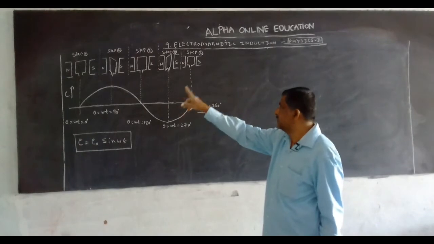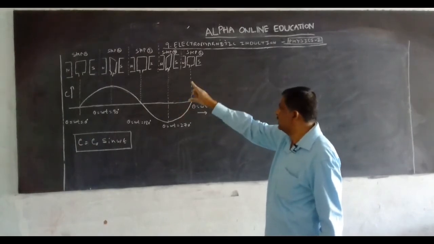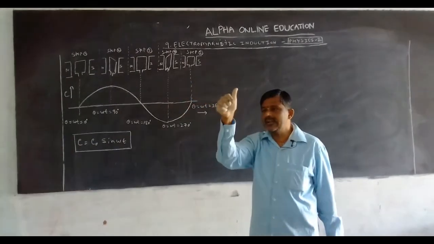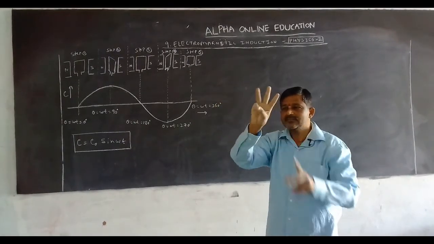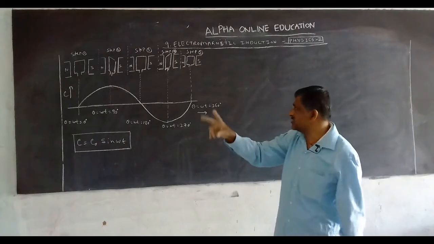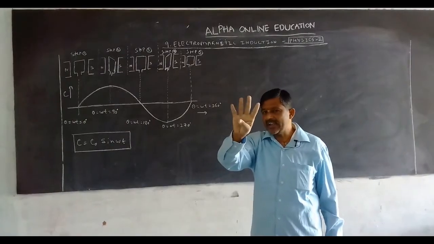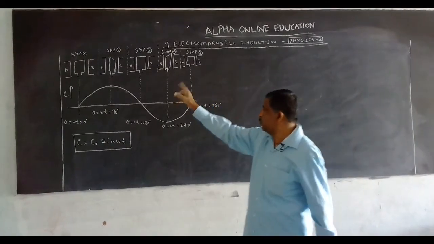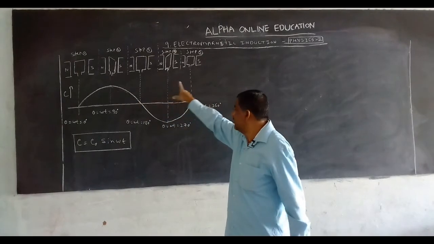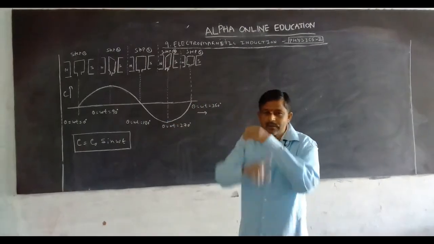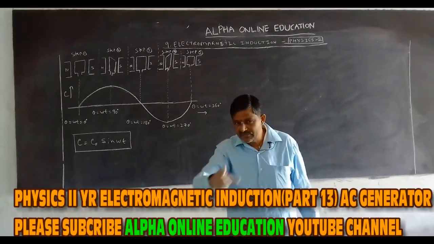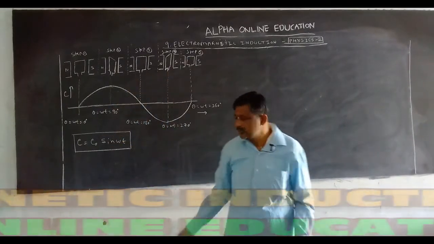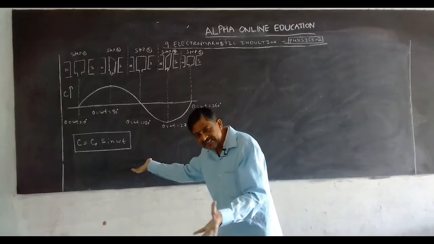Steps 1, 3 and 5 have the same diagram. Diagrams 2 and 4 are different. That's why in 2 and 4, 2 is up and 4 is down. So for every revolution, we get EMF in the form of which one? Sine wave. The equation also indicates that.